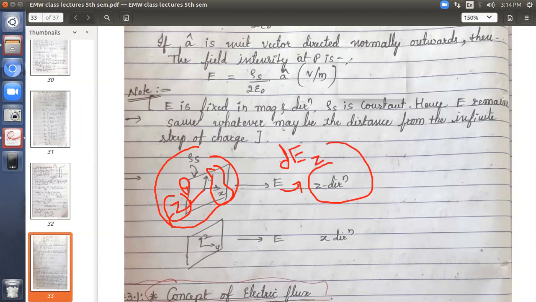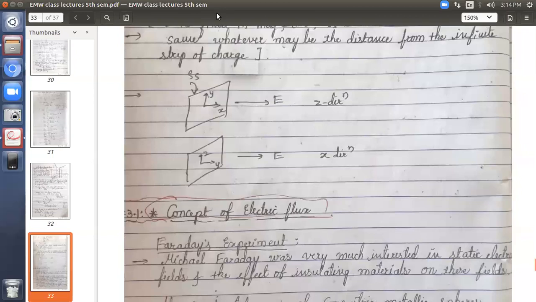Remaining two will cancel. Now, you can unmute and answer me. This is your YZ plane. So if it is the YZ plane, tell me which component of the field will exist.